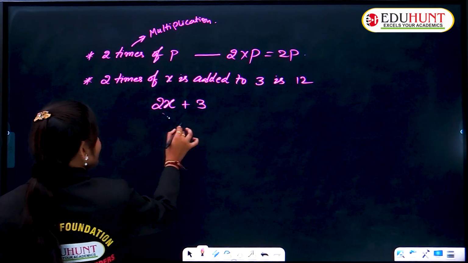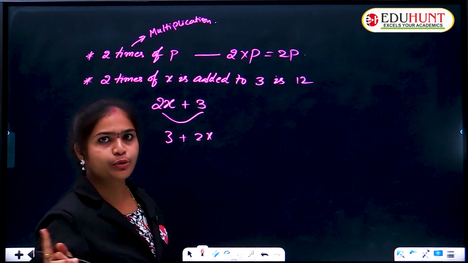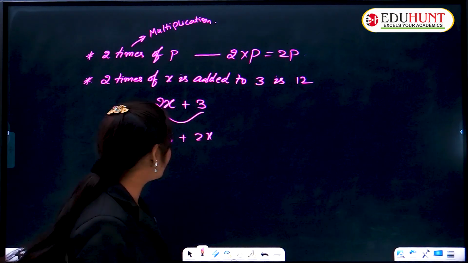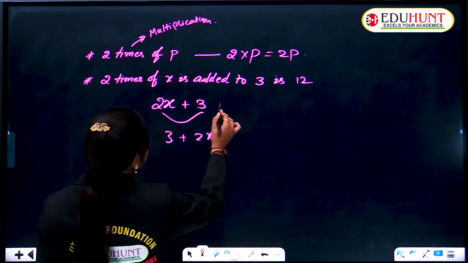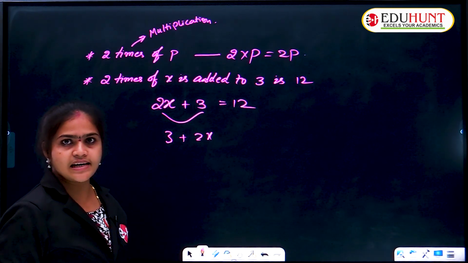In this way you can write it, or else 3 plus 2X also you can write. Why? Because A plus B is equal to B plus A. Anyway you can add them. So 2X plus 3 is equal to 12. I think you understand this one.